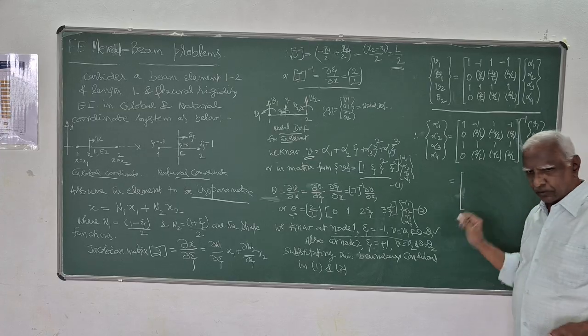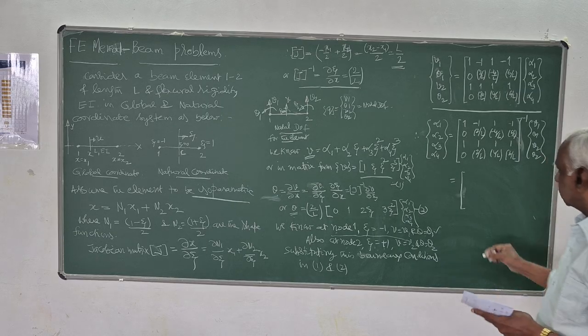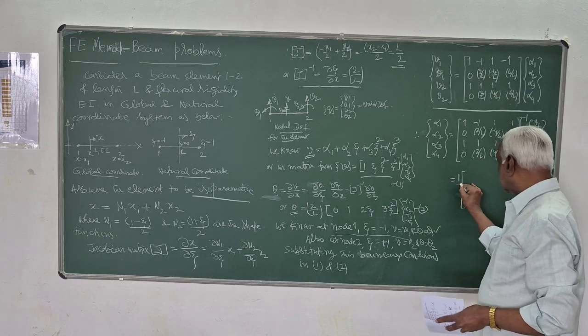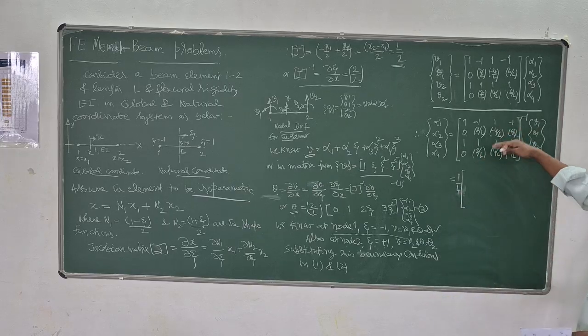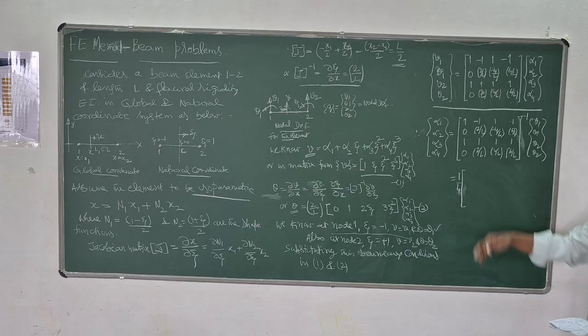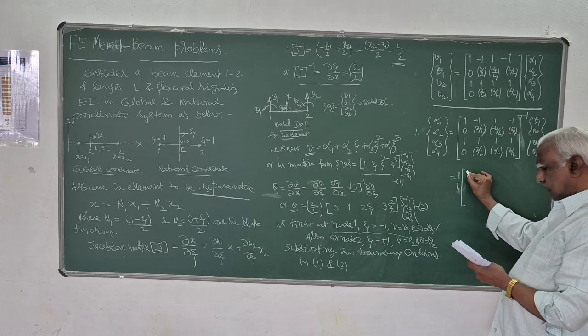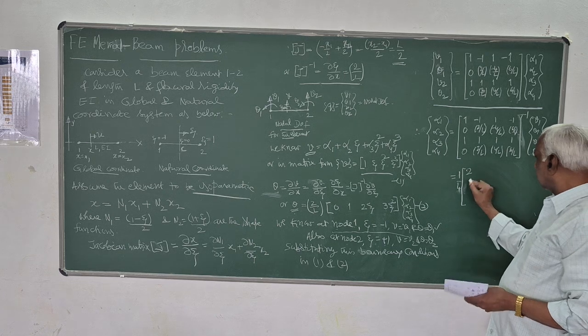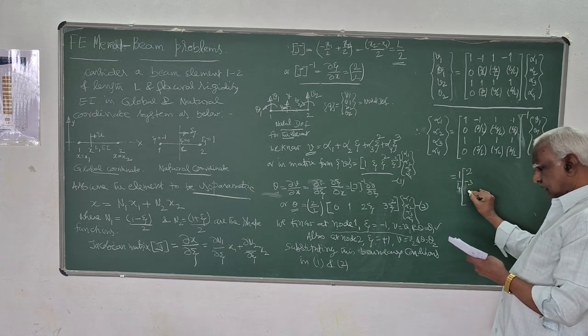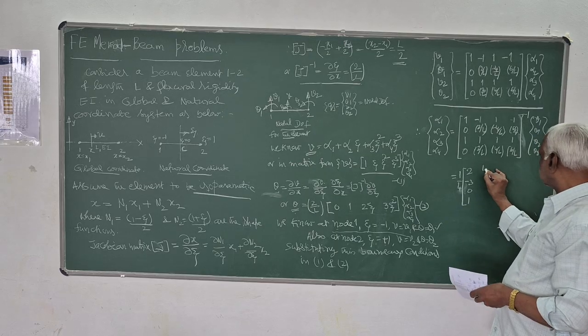I don't do it straight away, you can remember, I will give you a particular value. So if you invert this, you will get this. Either by inversion or by normal solution of simultaneous equations, you can just do it. If you do it, you will get 2, minus 3, then 0, 1, L by 2.